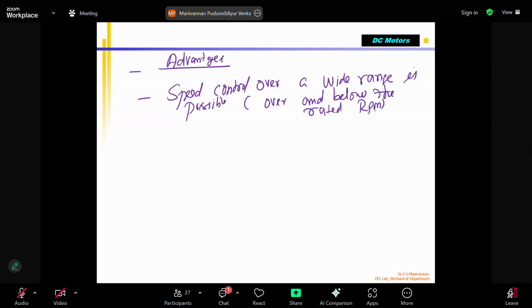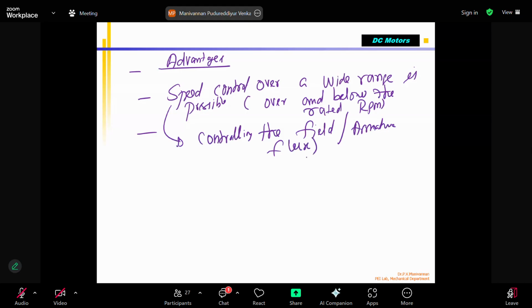Speed, okay. How will you do it? Speed is controlled by controlling the flux, the field or armature flux. Correct?